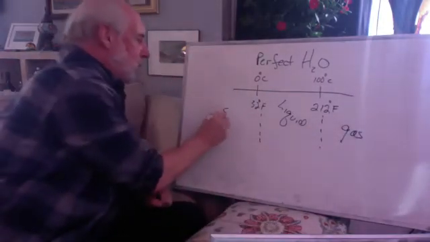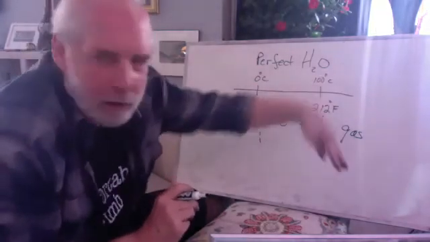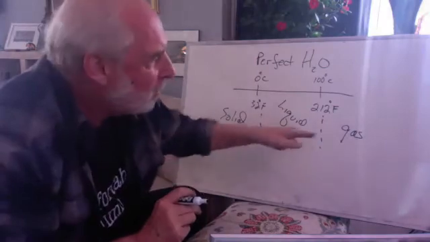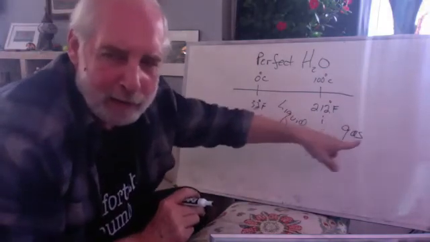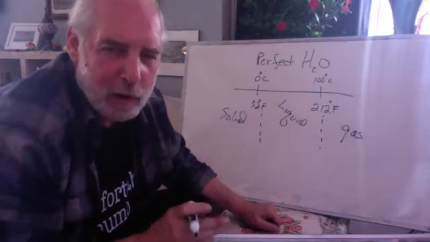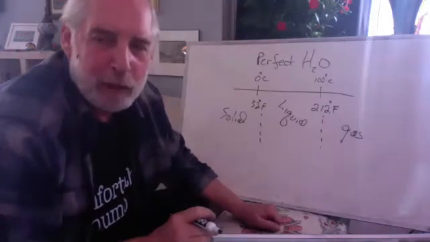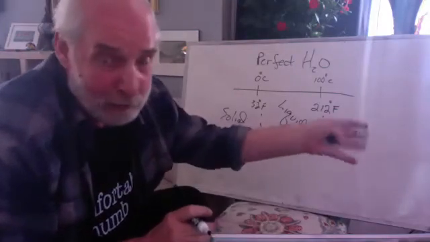And below here, it's solid. There's another state of water. What's the next state of water beyond gas? Something else happens later. Turns from gas into what? Anybody know? Yeah, plasma. But it's got to be really hot for plasma up there.